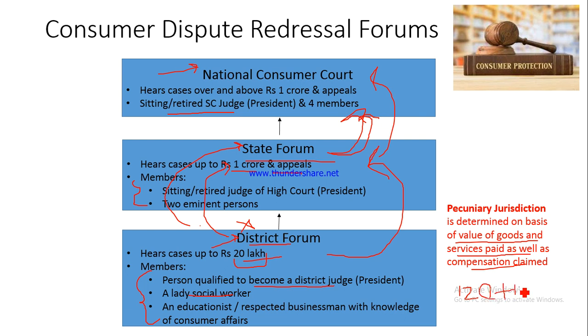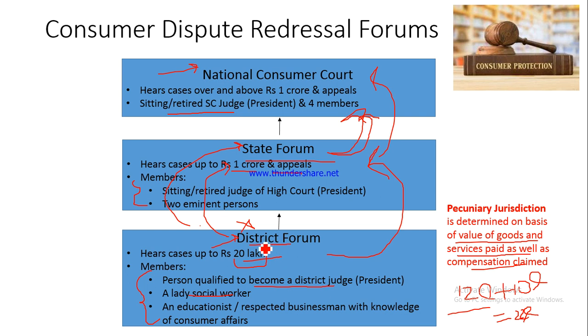The value of the car was 12 lakhs, but you are claiming a compensation over and above this amount. The total amount would now be 22 lakhs. In this case, you would have to go to the state forum and not the district forum, because the amount is more than 20 lakhs.